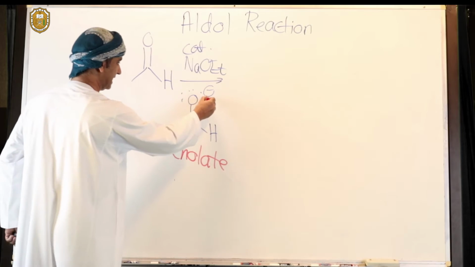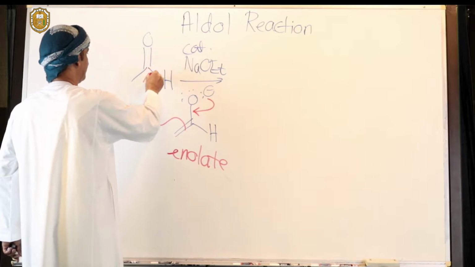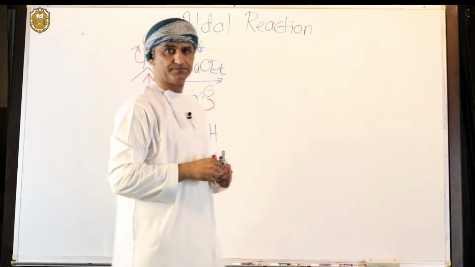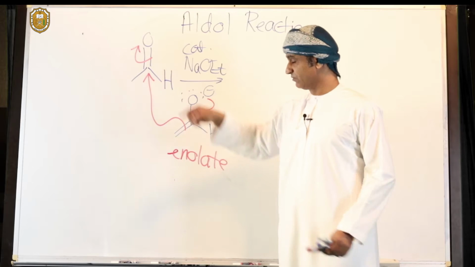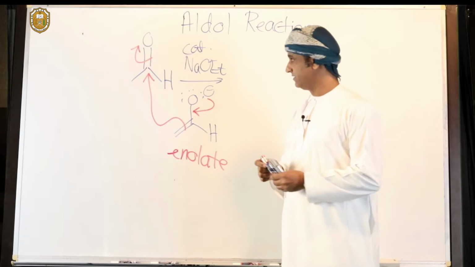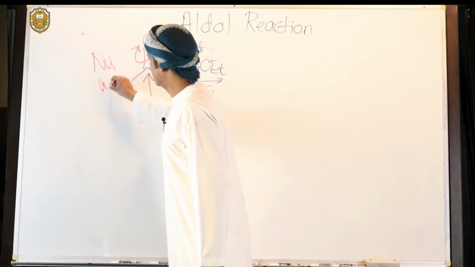So the enolate should actually attack the acetaldehyde. If there is 0.01 mole of the enolate, it should react with 0.01 mole of unreacted acetaldehyde. This reaction, again, as you recall, is called nucleophilic addition.